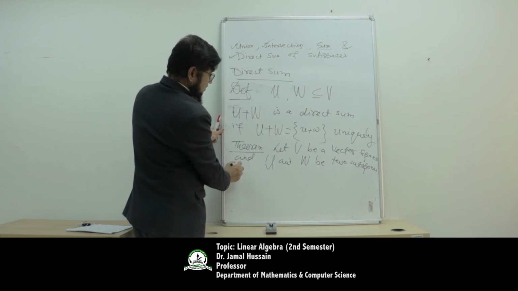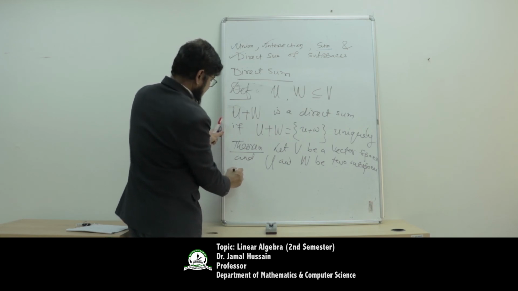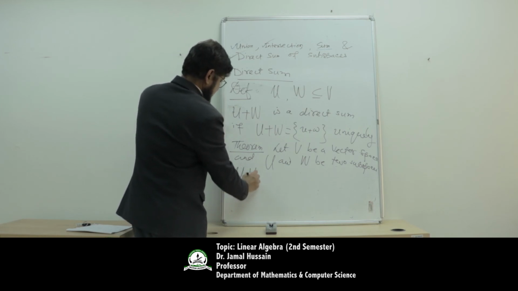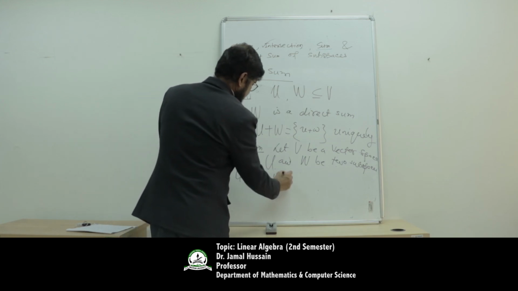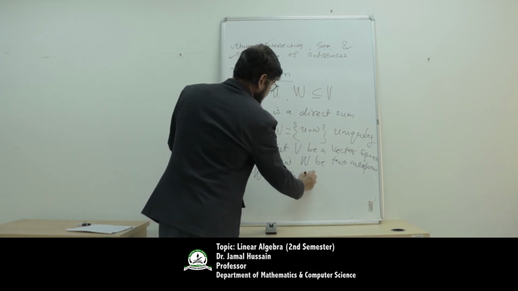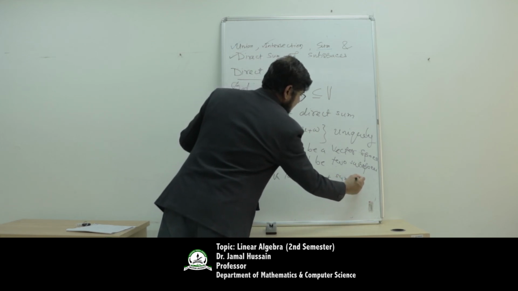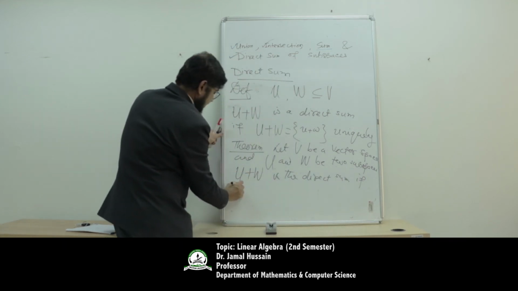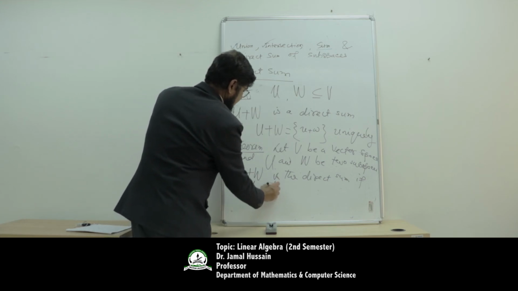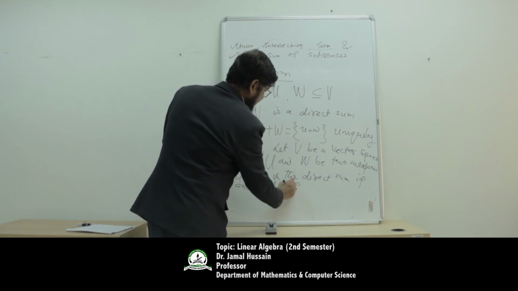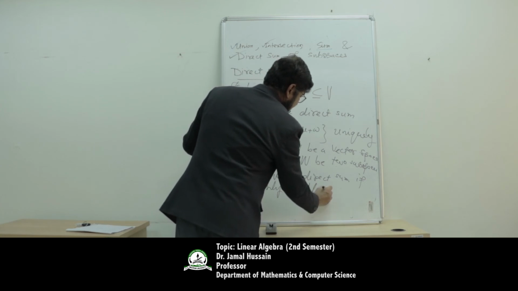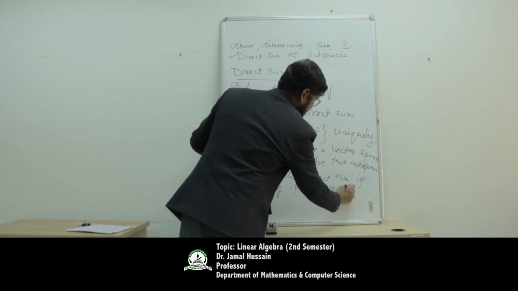Then U plus W is the direct sum if and only if U intersection W is 0.